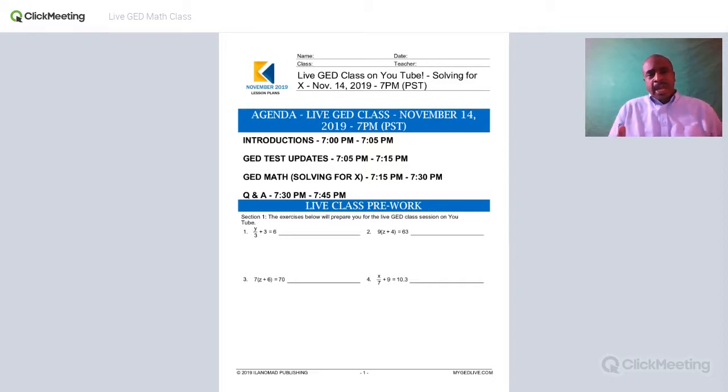But the focus of tonight is to give you some introductory statements about the GED test itself, talking about the 4 tests and what you can expect there. Then some updates, some things that have changed. And then from there, we want to jump into solving for X. So we want to work on some algebra type problems that you can encounter on the GED test.